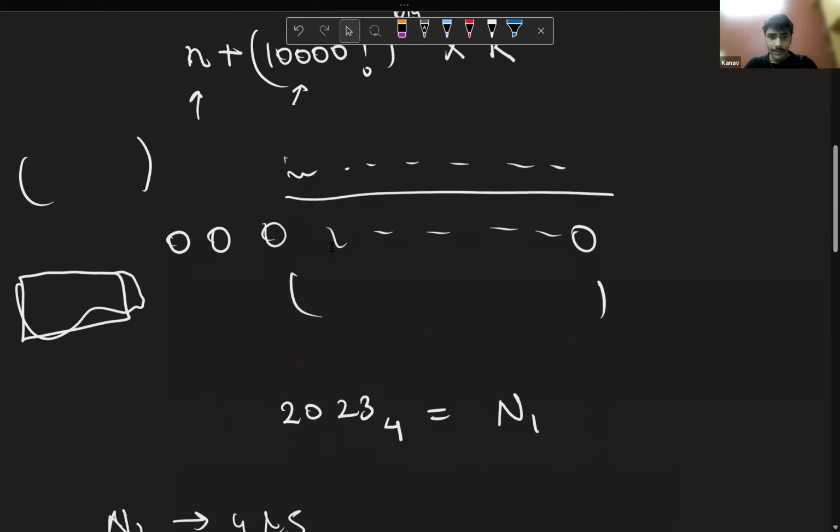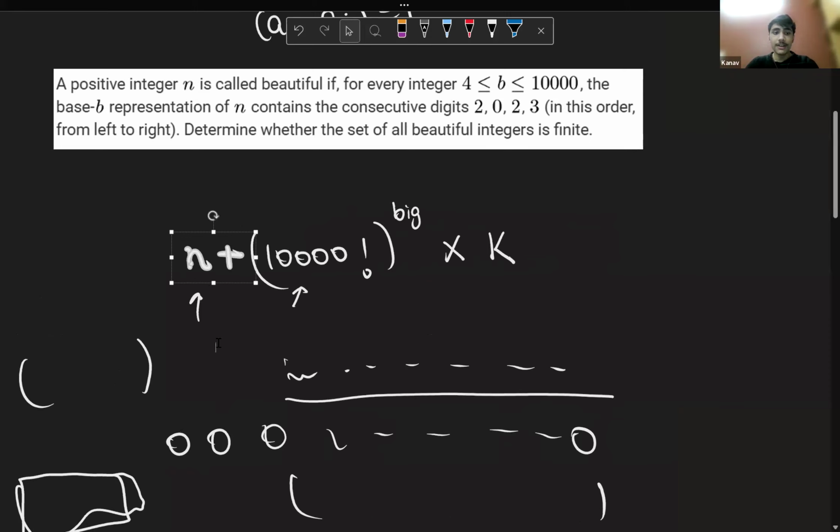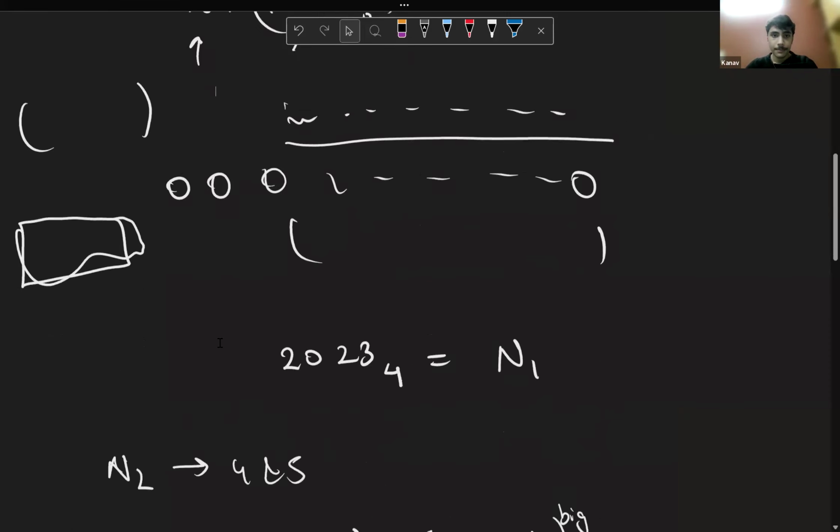So our key idea was throwing in 10,000 factorial, taking it to a big exponent doesn't alter the base last digits of the base. And then we had some free constant which changes the first digit suitably, and we can maintain a structure going to a higher number. So this proves that if we can find one number, we can find infinite. So all we need to do is find one number.